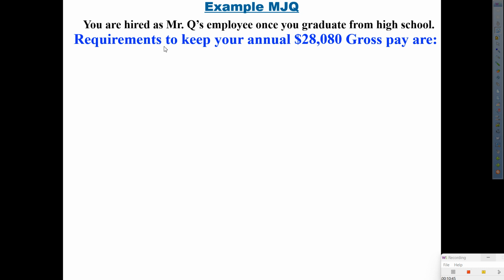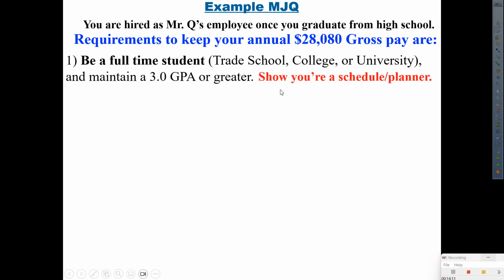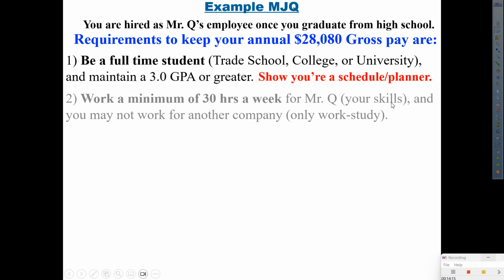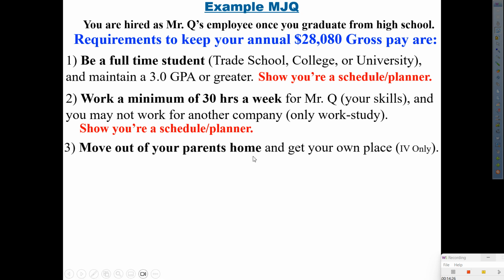So, today, your report should have included your full-time student, and I should have seen a calendar or a planner with your times. You should have included the work a minimum of 30 hours for me with that planner or calendar, showing me what days and how many hours. Some of you just rushed it and did whatever.